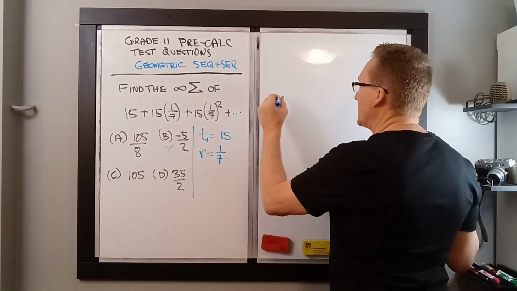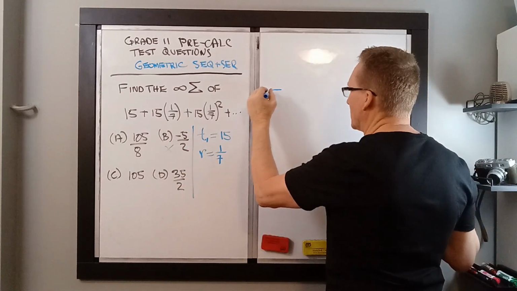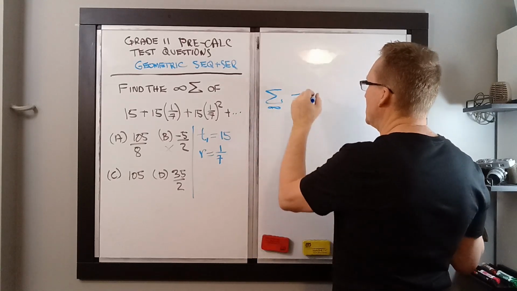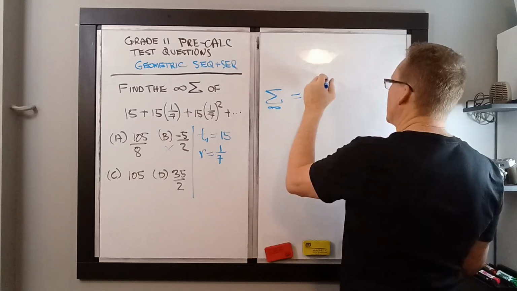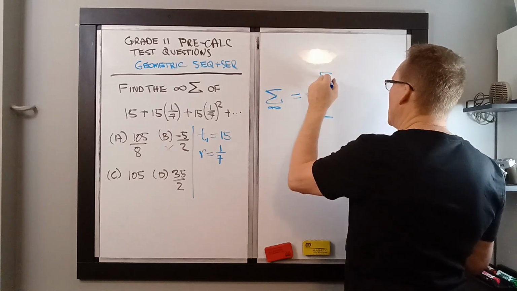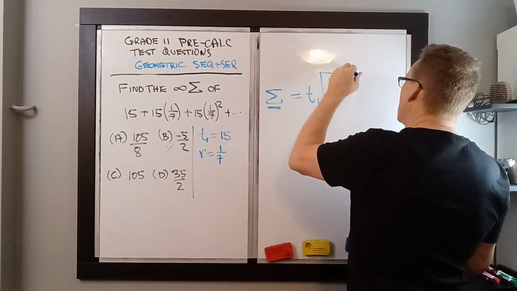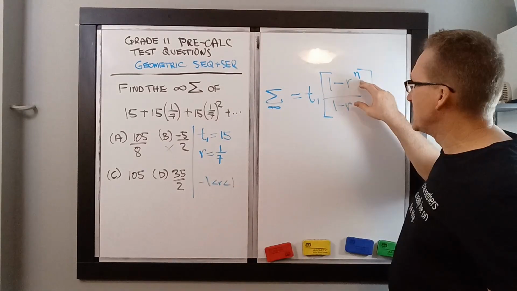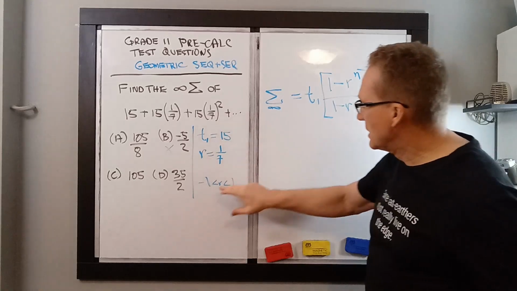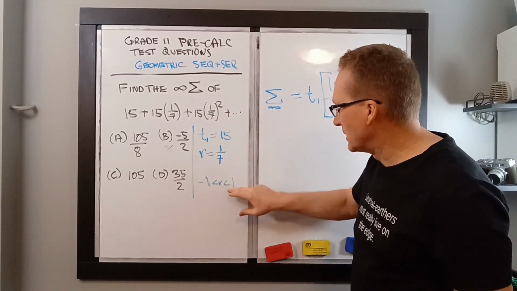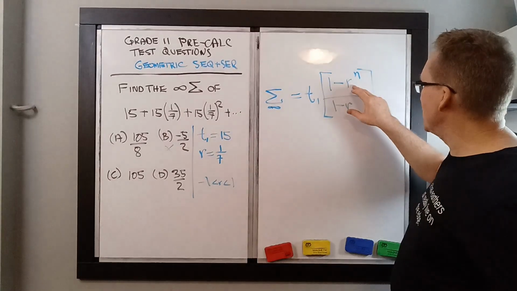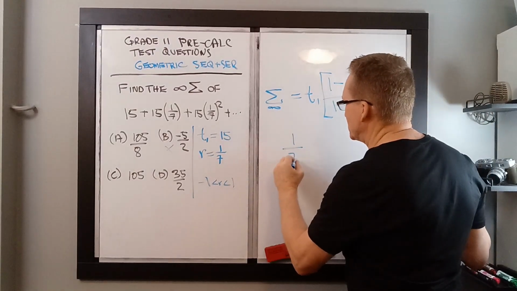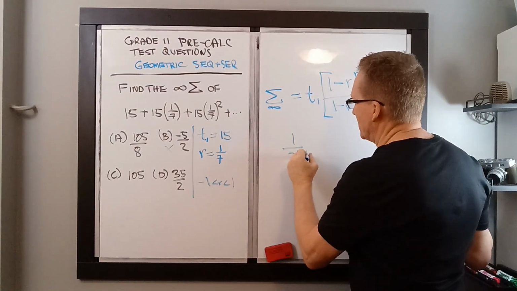Let's take a look at the formula here. The formula for the infinite sum is equal to the first term, t1, times, I'm going to put great big brackets here, 1 minus r to the n, all over 1 minus r. Notice here, if r is bigger than -1 and less than 1, then when n goes to a very, very big number, it's going to be 1 over 7 to a very big number, let's say 100 or 1,000,000.